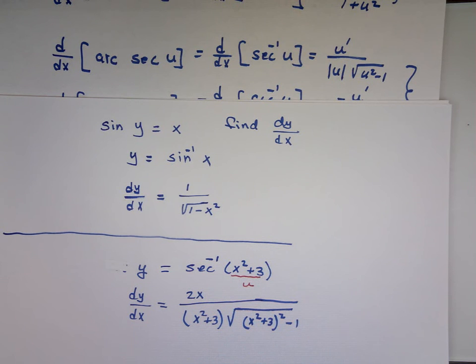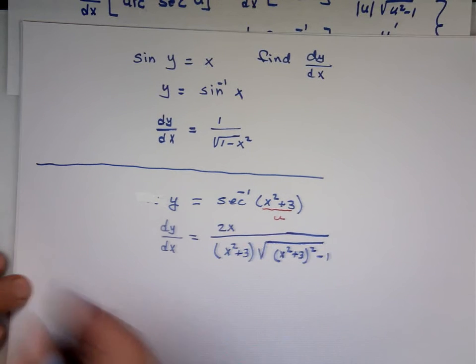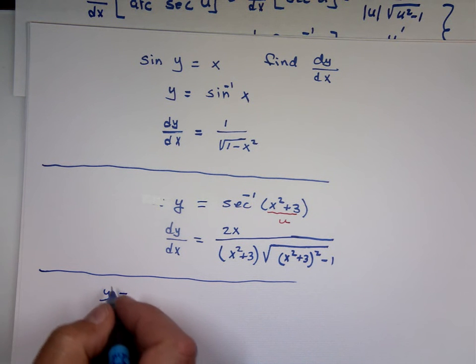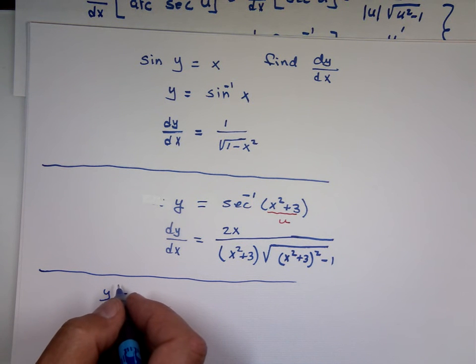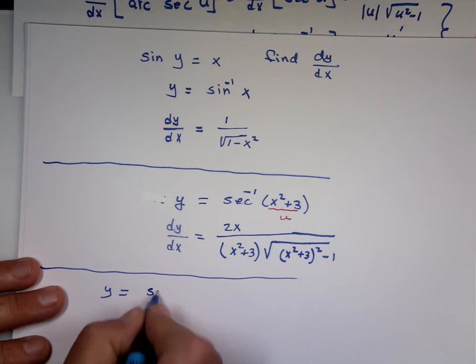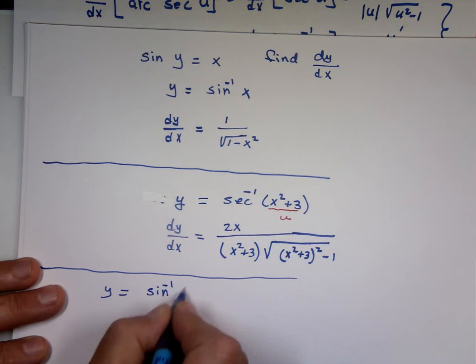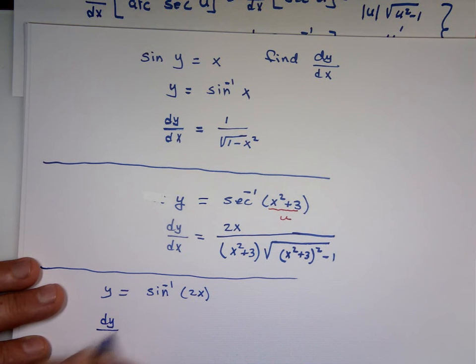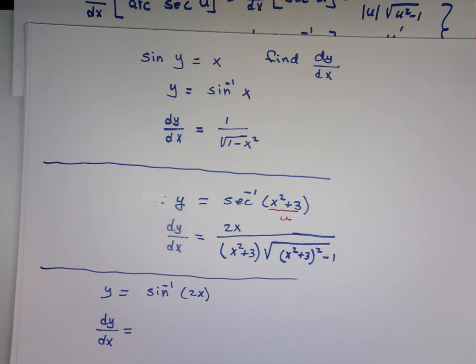Just to practice these rules here. Y equals, I'm just taking examples, arc sine or inverse sine of 2x. What's the derivative of that? This is your u right there.